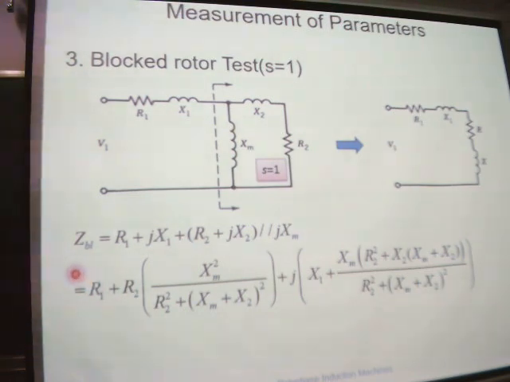So we can get the Z blocked, the impedance, with this equation with R2, X2, and Xm, which is a complicated equation.